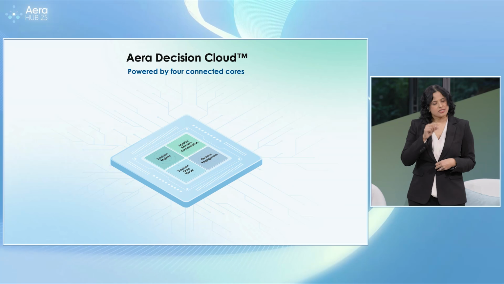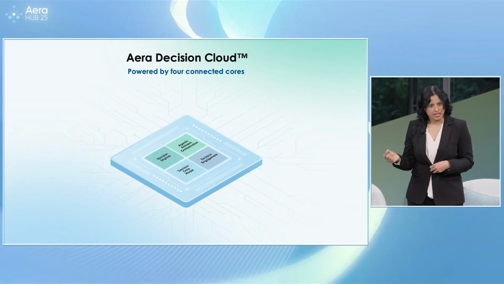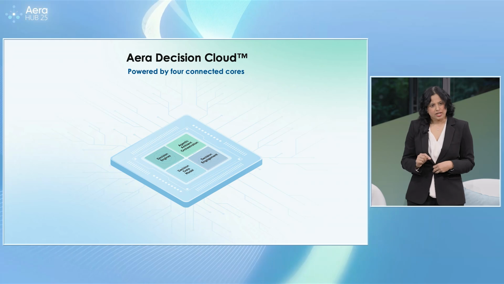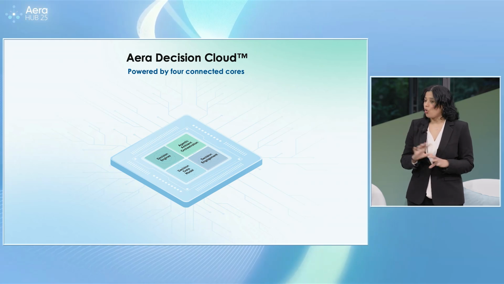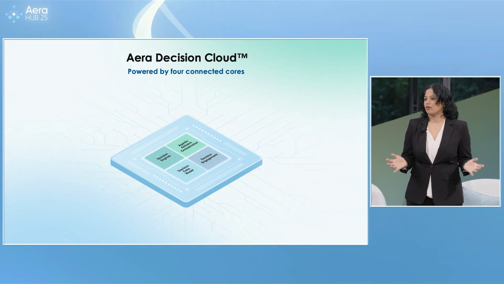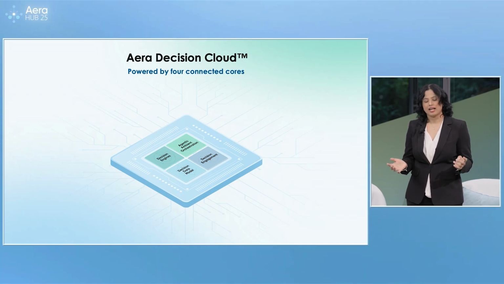And because it is connected directly to all of the engines that we have in the platform, every analysis, simulation, and decision is always running on live, trusted data without any duplication or rework. On top of that, as decisions are made, it also captures the actions, the outcome, and the impact, and creates a continuous feedback loop. So the system continuously learns and makes better decisions in the future.